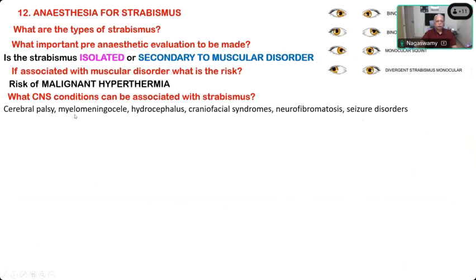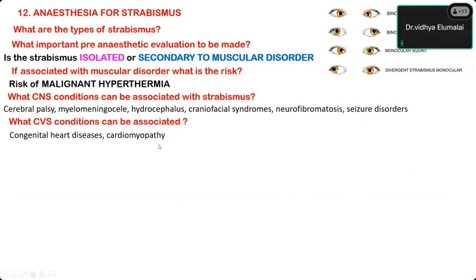Cerebral palsy, myelomeningocele, hydrocephalus, craniofacial syndrome, neurofibromatosis, or seizure disorders. So ask for history of seizure disorders also in these cases. What serious conditions can be associated with strabismus? Two congenital problems: congenital cardiomyopathy and congenital heart diseases like ASD, VSD, etc.